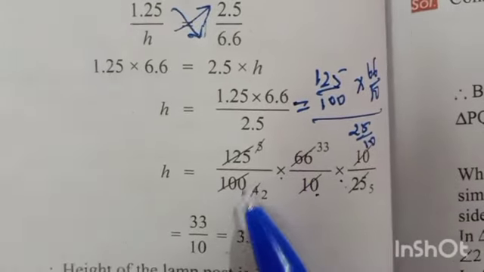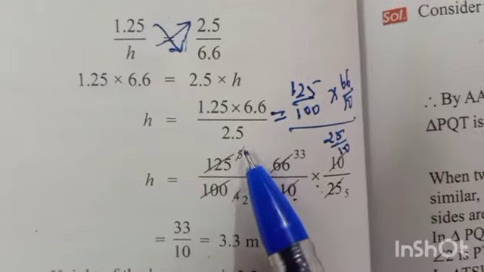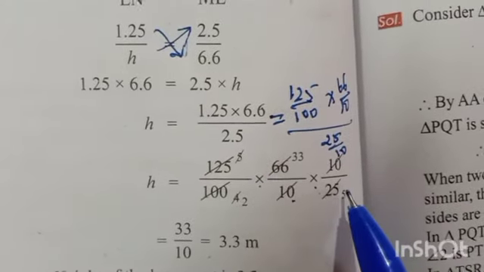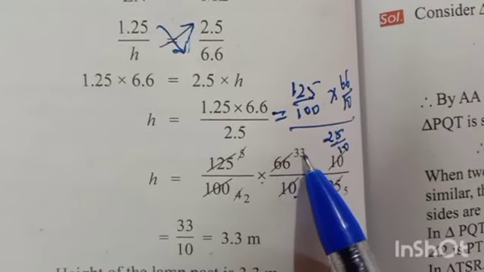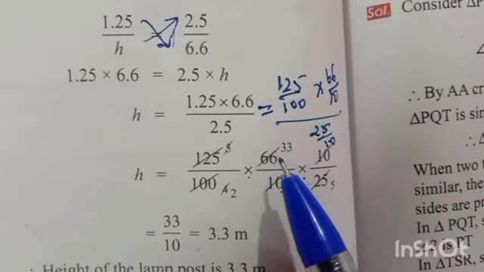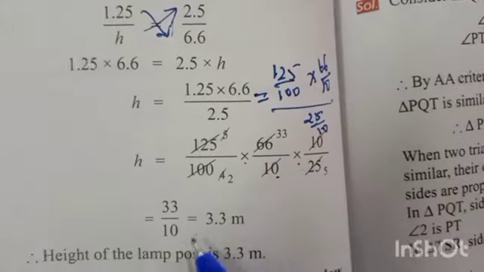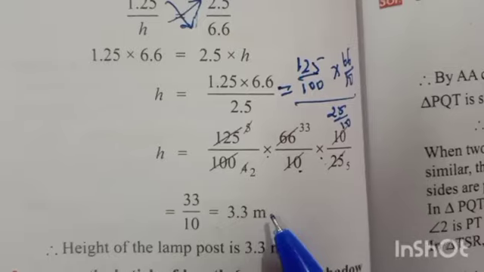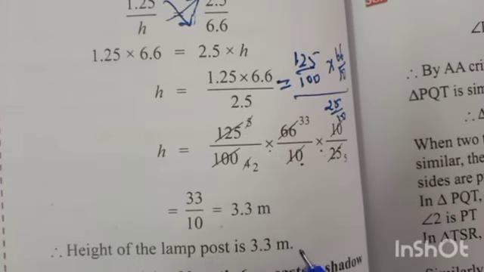These two are cancelled by the 25 table. Then 1 5 is 5, 5 5s are 25. Then 2 table, 2 2s are 4, 3 2s are 6, that is 33. Now we get 33 by 10, which is written as 3.3 meters. The height of the lamppost is 3.3 meters.